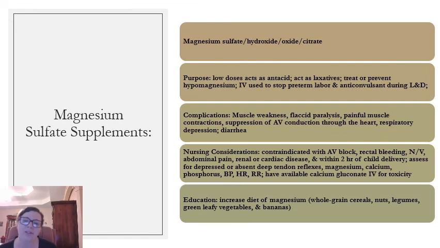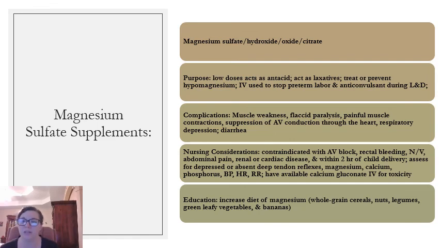So considerations: it's contraindicated, of course, if they already have an AV block, so an issue with the AV node conducting. So we don't want to use it with those patients because of the already existing concern for that complication.